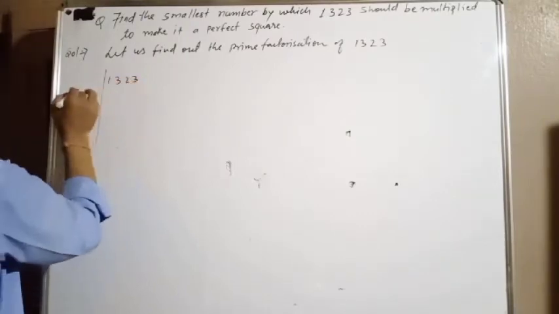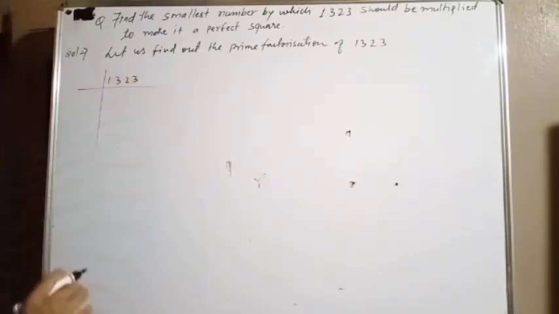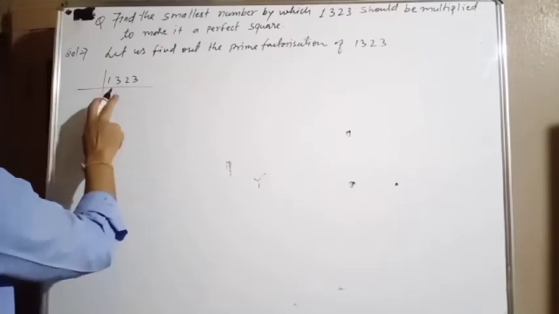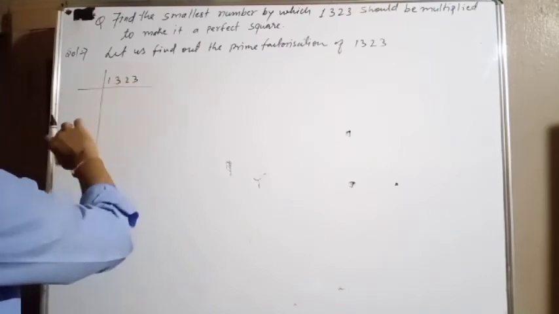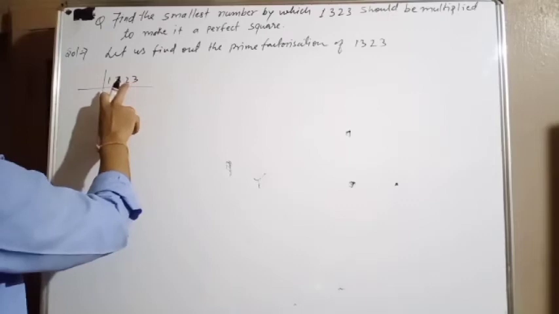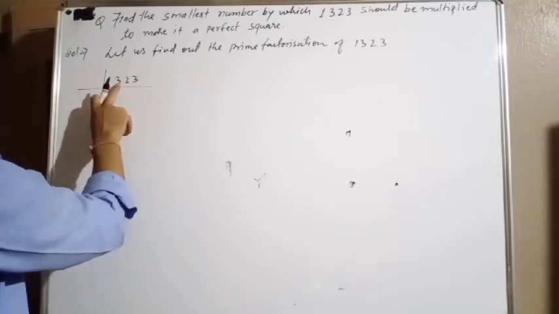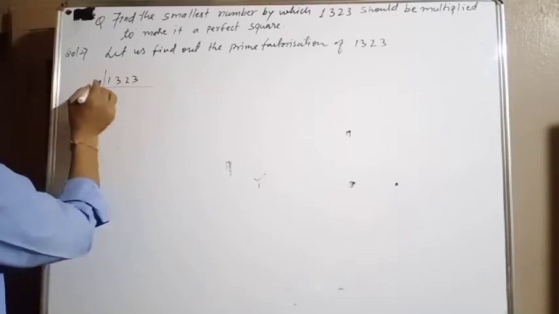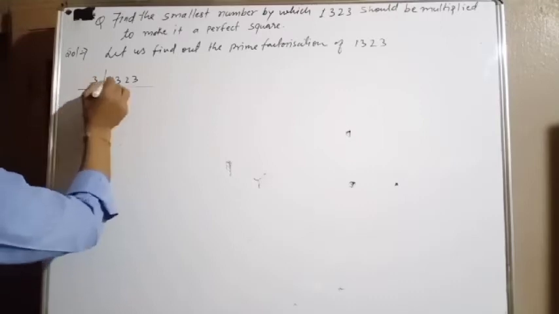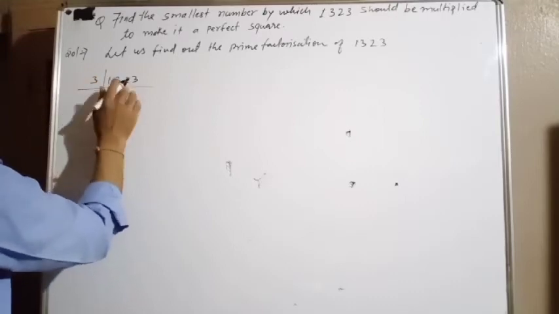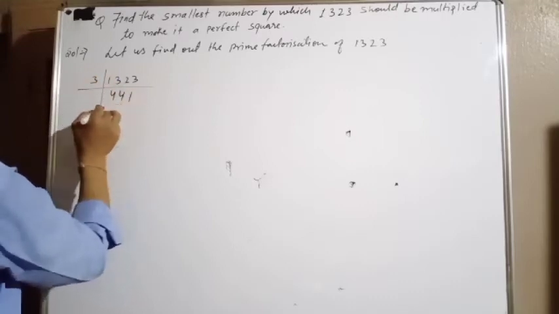Now this is an odd number, so first we divide by 3. Let's see whether it is divisible by 3 or not. 3 and 5 are 8, 1 and 9, okay, it is divisible by 3. 3 4s are 12, 3 1s are 3.